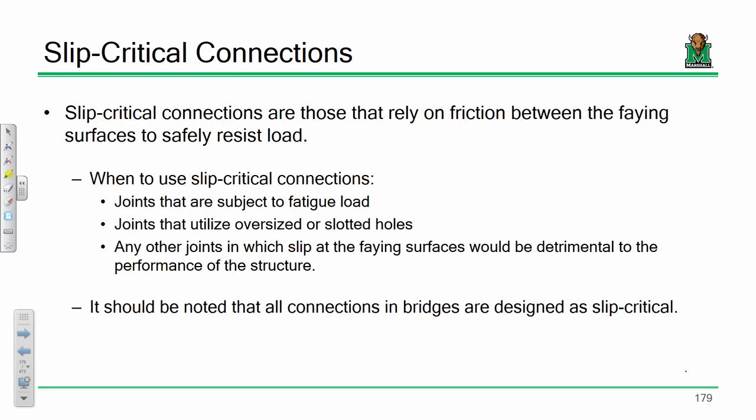In a slip critical connection, what you're doing is you're actually making it a point to ensure that you have proper pre-tension on your bolts. Okay? So let's be clear as to what we mean by that. If you have a plate and you stick a bolt through it, and you start tightening that bolt, what happens to the plates?